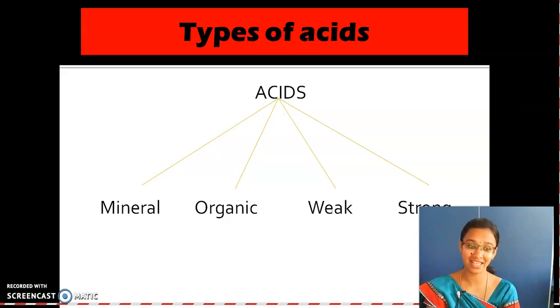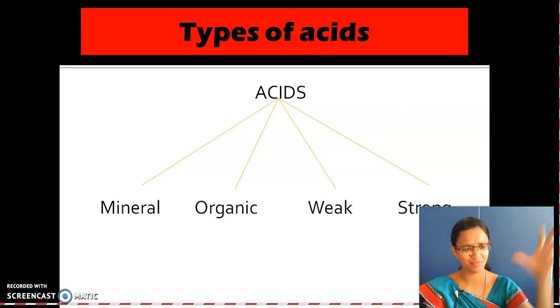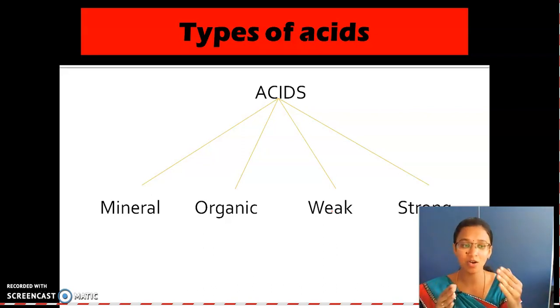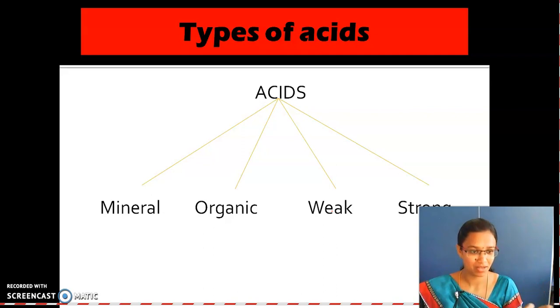They are weak acids. And strong acids can dissociate anything, so they are that much stronger. Dissociate means what? Split them. So weak acids cannot dissociate anything, but strong acids can.